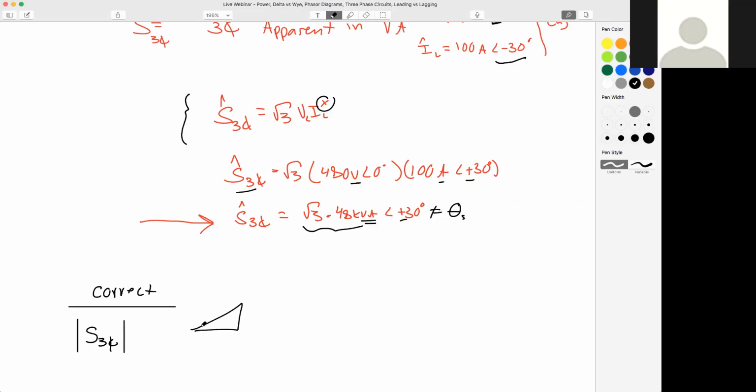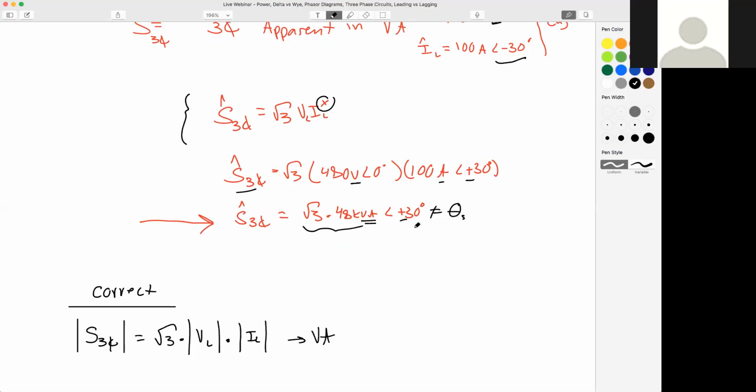So if I were to draw a phasor diagram, it would just be this length, but no angle, right? Everyone comfortable with that? So we could say our three-phase magnitude is equal to the square root 3 times the magnitude of our line voltage times the magnitude of our line current. That's perfectly okay. And this would give us volt amps.